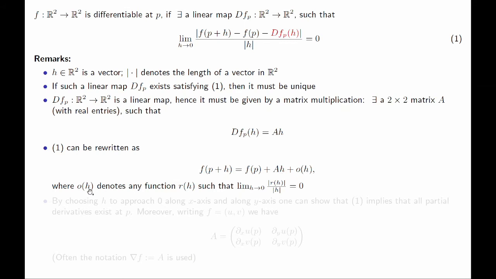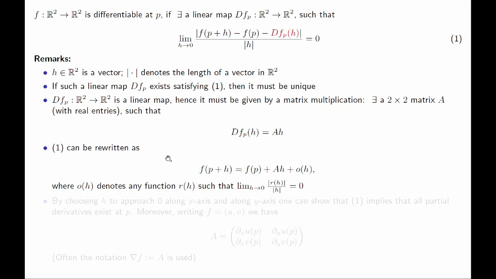So little o of h denotes any function r of h that satisfies this property: the limit of r of h divided by the length of h must be equal to 0. And the way this is obtained from 1 is simply we just set the numerator inside the absolute value to be equal to r of h. Then obviously we have this property for r of h, and then if we take these two terms to the right hand side, we obtain the following representation.